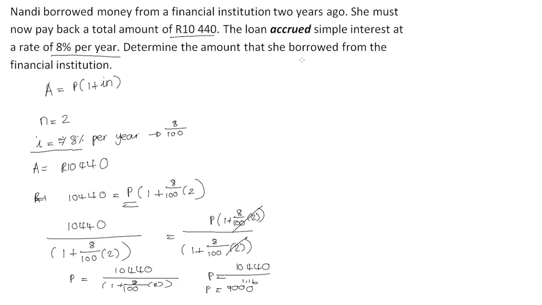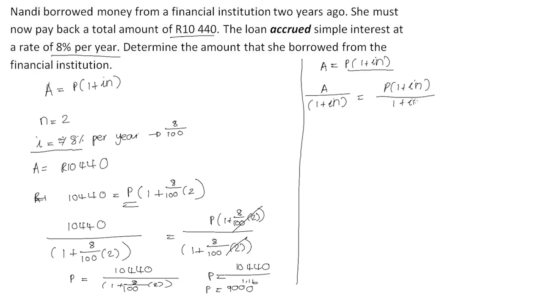An alternative way of solving the problem is by looking at the simple interest formula and then isolating P. We do this in the same manner, where we divide both the right-hand side and the left-hand side of the equation by the term in brackets. We cancel out like terms, and we are left with P is equal to A over 1 plus i n.